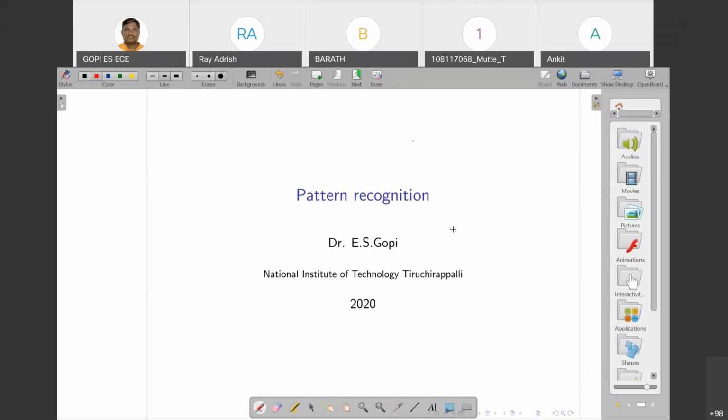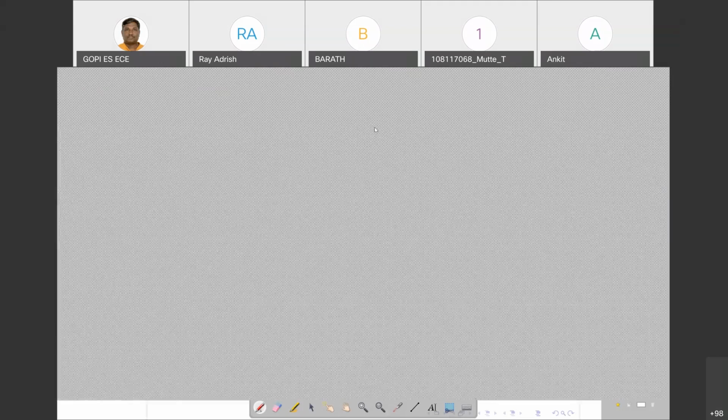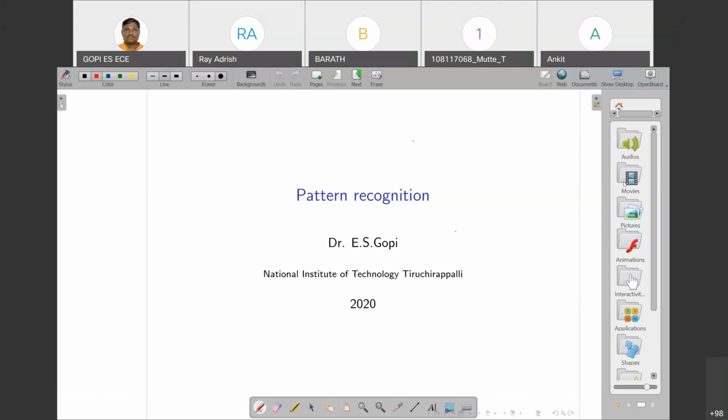Okay, what you now see on the slide is about kernel smoothing. So what is that kernel smoothing?